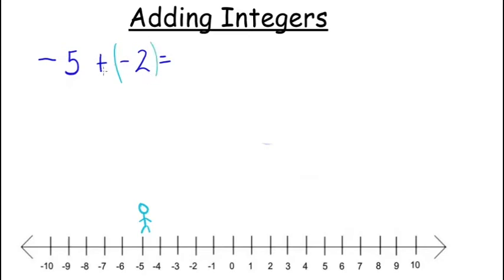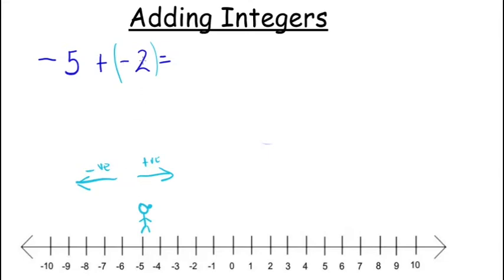The first sign tells us which direction the man is looking in. We know that positive is to the right, and we know that negative is to the left. Because it's a positive, that means he is facing the right. And the second sign tells us which direction the stick man will jump.